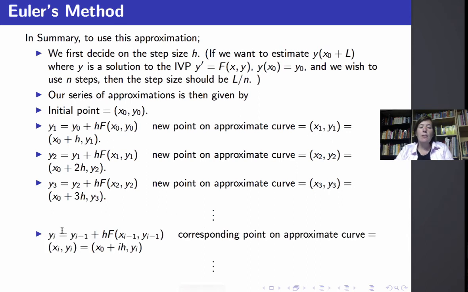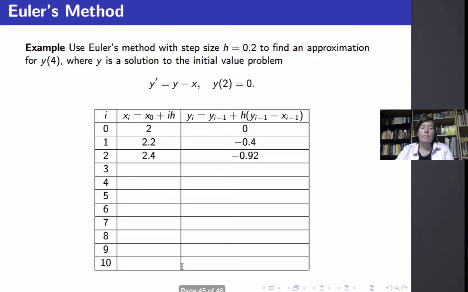And in general, if I have a point in my approximation, x(i minus 1), y(i minus 1), the next point on the approximating curve is going to be xi, yi, where xi is x(i minus 1) plus h, and yi is equal to y(i minus 1) plus h times f applied to the previous point, x(i minus 1), y(i minus 1).